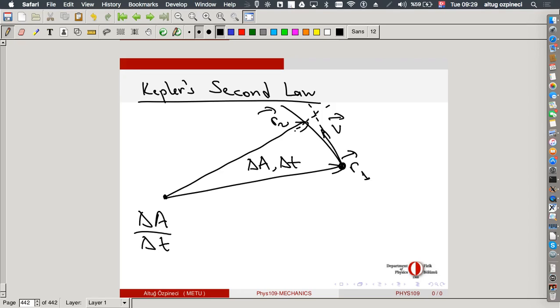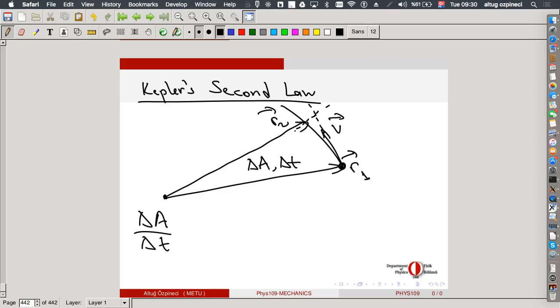Now this length over here is more or less this length over here, because remember we are taking delta t very small. In a very small amount of time, the velocity doesn't change much even if it's accelerating. If it is almost constant, it just means it's going over almost a straight line.